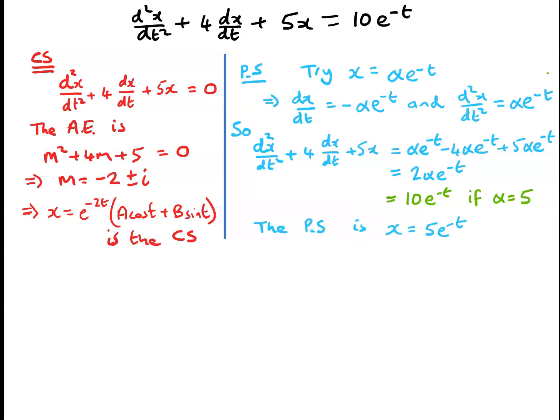So we've got a particular solution x equals 5e^(-t).